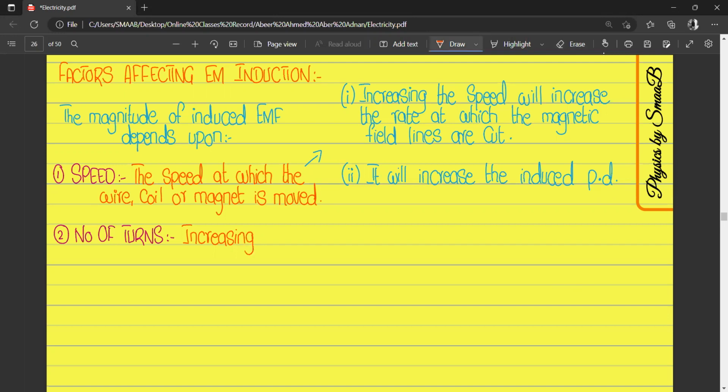So increasing the number of turns will increase the magnitude of induced EMF, right?